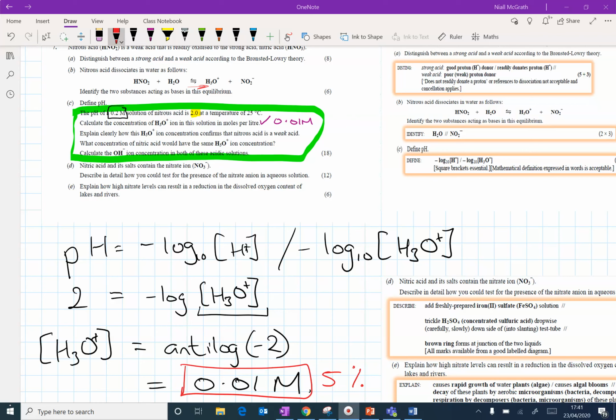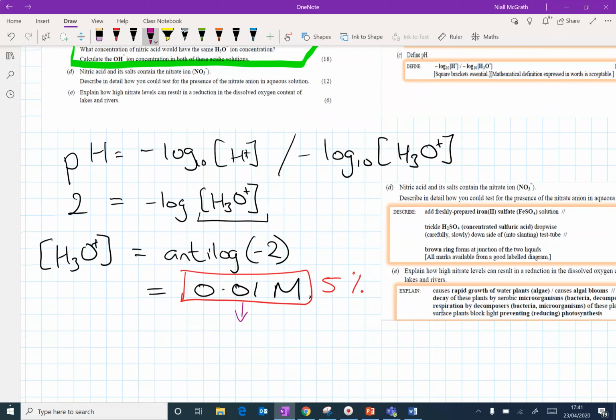If our concentration of H3O plus is this 0.01 molar figure, then the concentration of nitric acid that would have the same concentration of H3O plus ions would also be 0.01 molar. In a strong acid, the concentration of your H3O plus ions, or your H plus ions, is the same as the concentration of the solution itself.